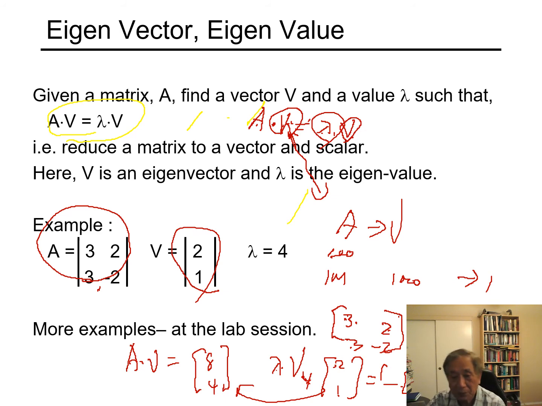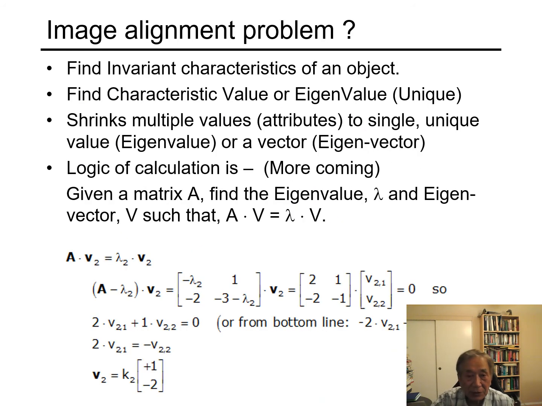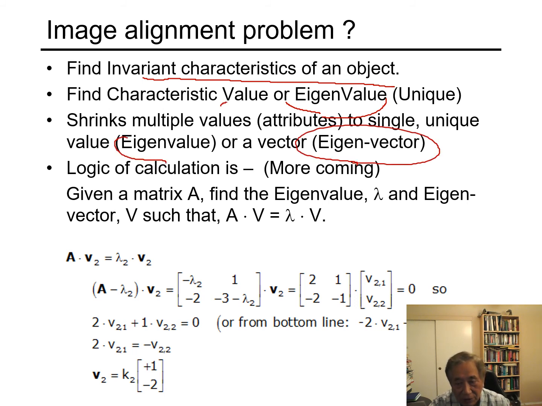So the invariant character of an object can be represented by the eigenvalue and the eigenvector. When the data is very large, the lambda, that is the eigenvalue, becomes a very complicated form, and this is one unique form. So one fingerprint can be represented by a single value instead of a huge 100 by 100 matrix.